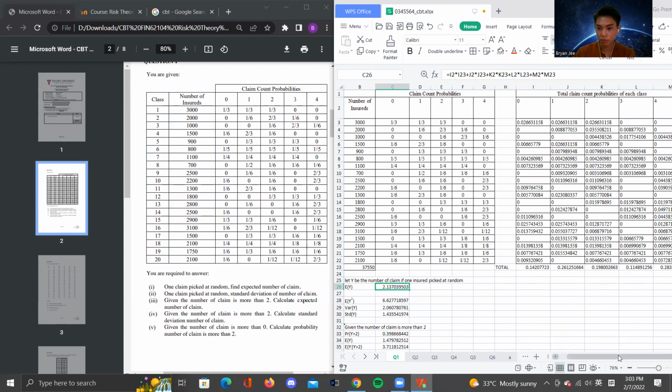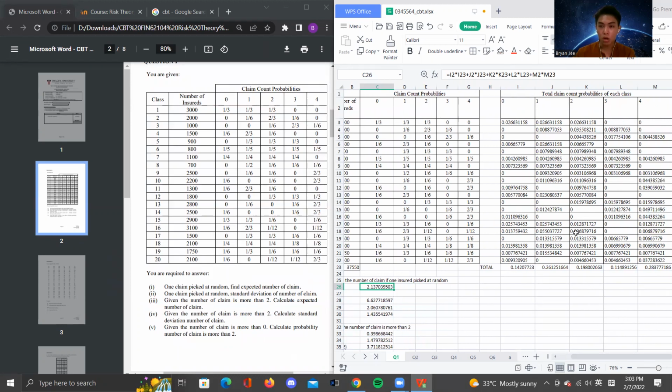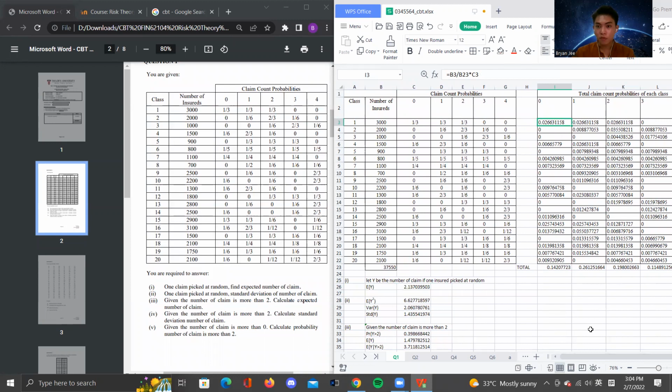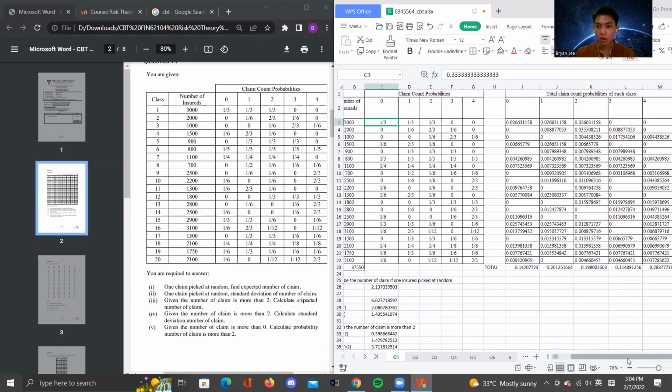Before we solve it, we have to make one table, which is the total claim count probability of each class. We can see the formula here. For 0, for class 1, the probability is just the number of insured divided by the total number of insured, which is the sum of this row, and then times the probability of 0 claims.